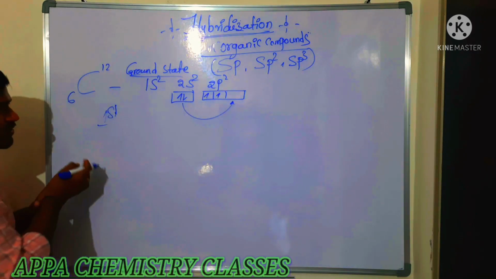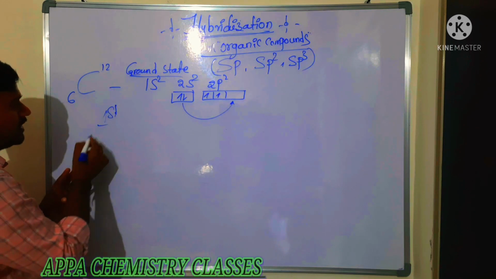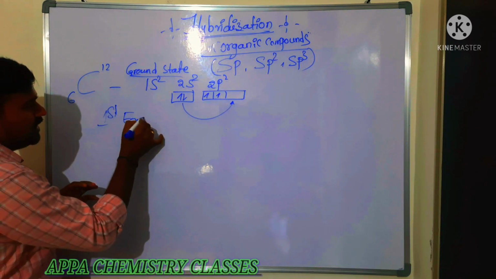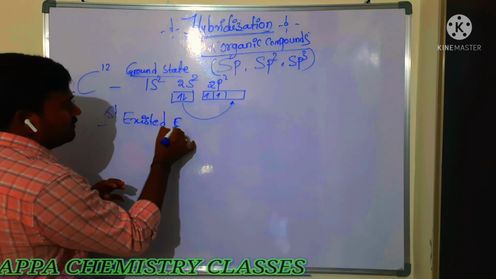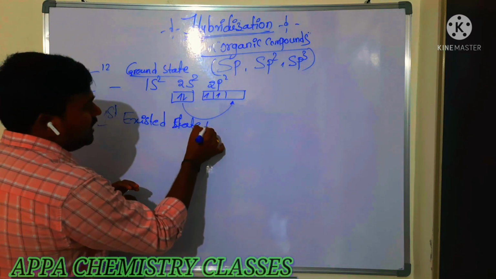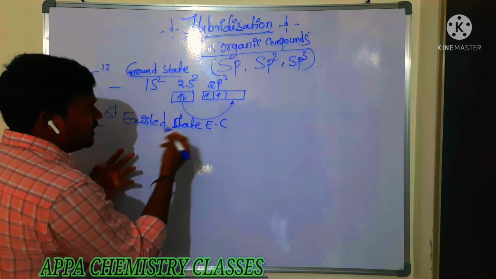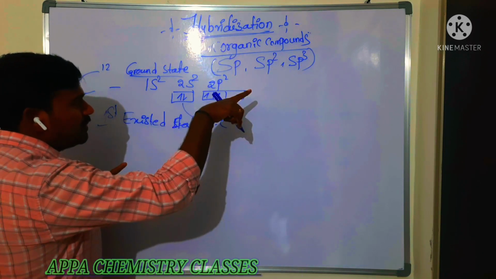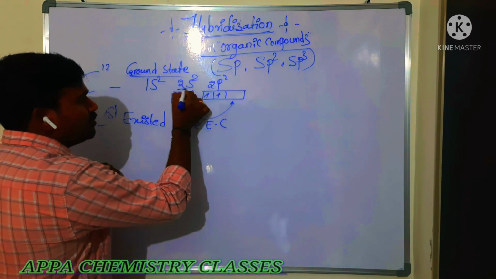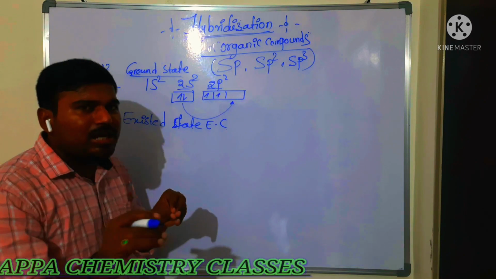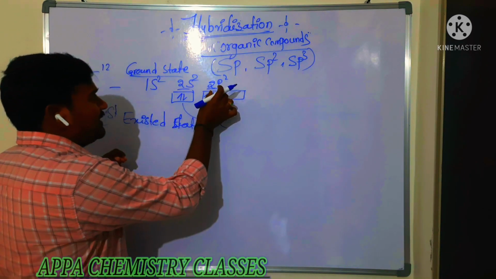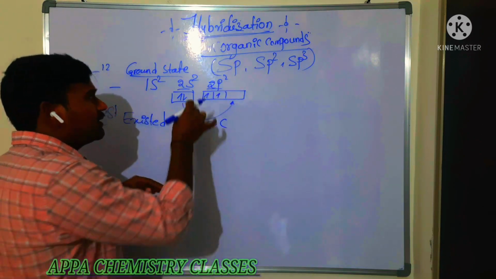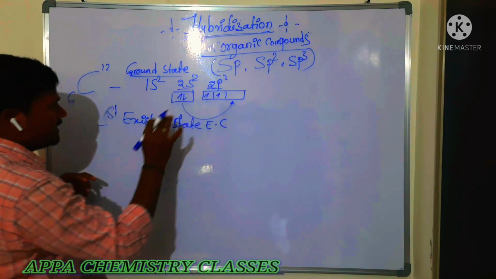Then the first excited state electronic configuration is where one of the electrons has jumped into the 2p orbital. The 2s and 2p have nearly the same energy; slightly, 2p has more energy compared to 2s, but nearly the same.